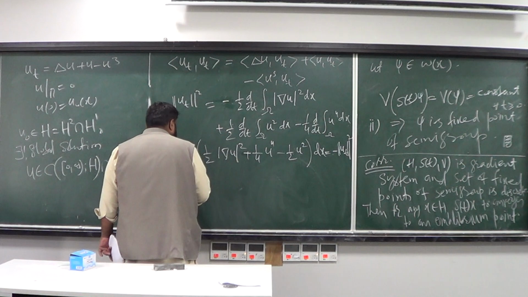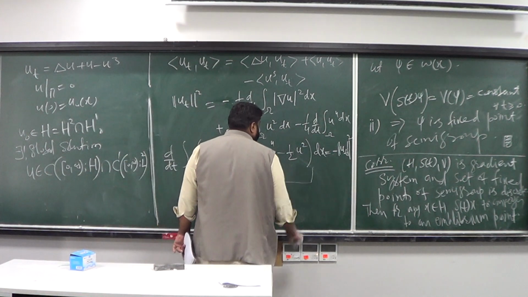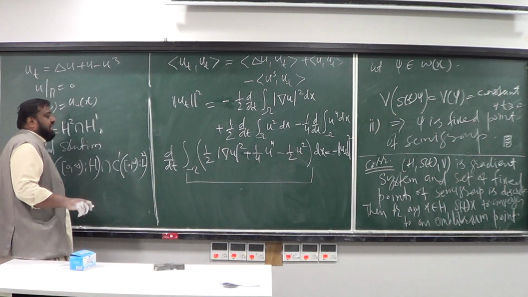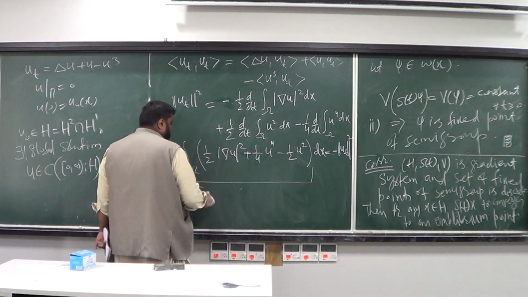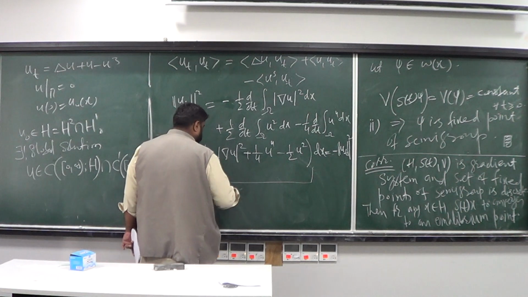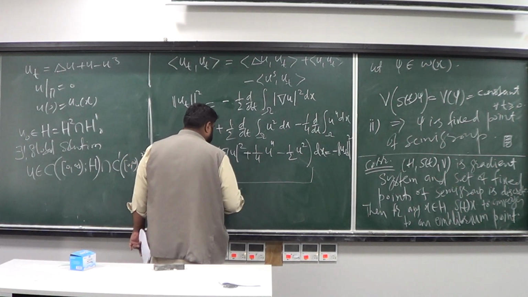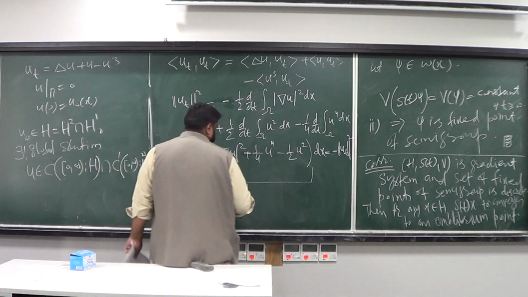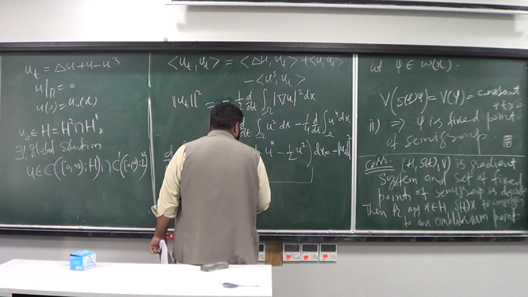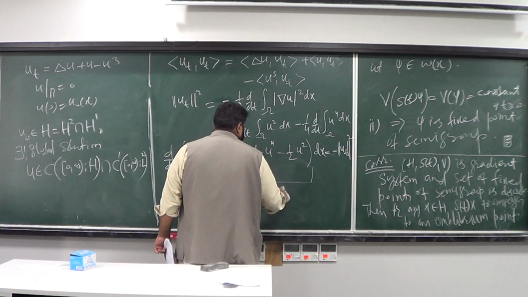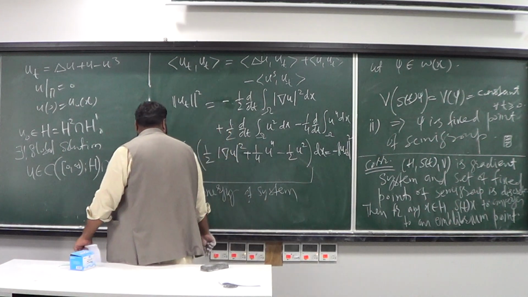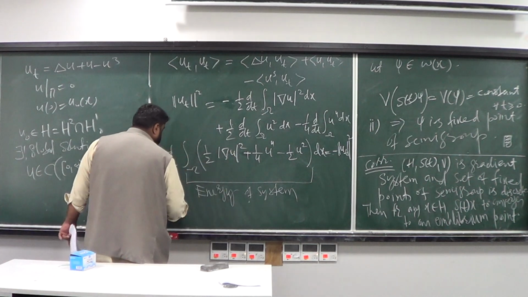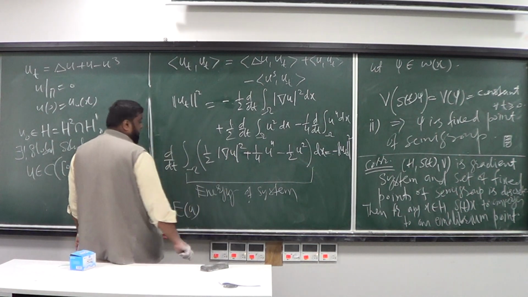Now this, we can identify as the energy of the system driven by this evolution equation. So this is the energy of the system. Okay, energy of the system. Let's give this integral a name. So let's call it E of u.